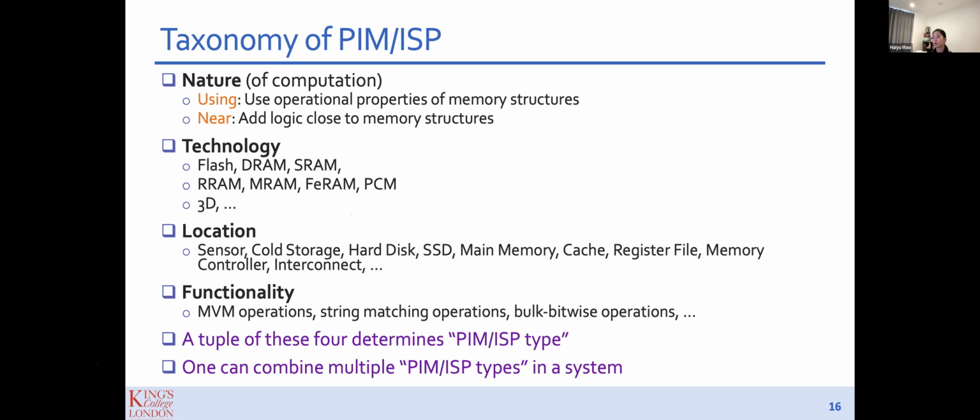So we also have the string matching operations, which is a kind of popular operation inside genome analysis, also very popular inside machine learning applications, and also the bulk bitwise operations. So a tuple of these four determines the PIM or ISP type, meaning that when we describe an ISP or PIM type, we describe these four things, right?